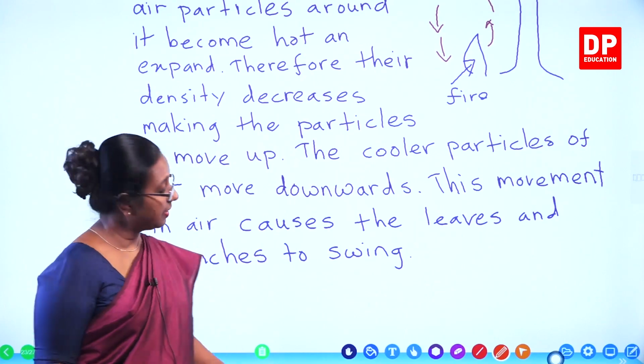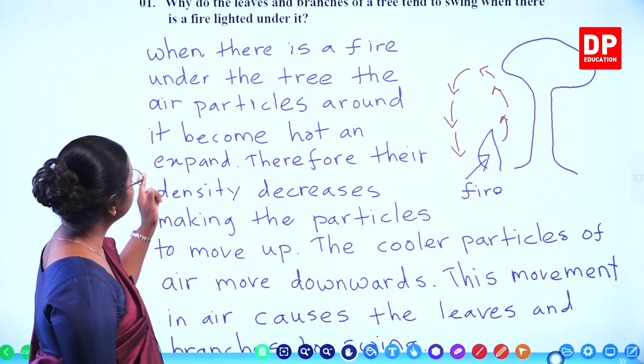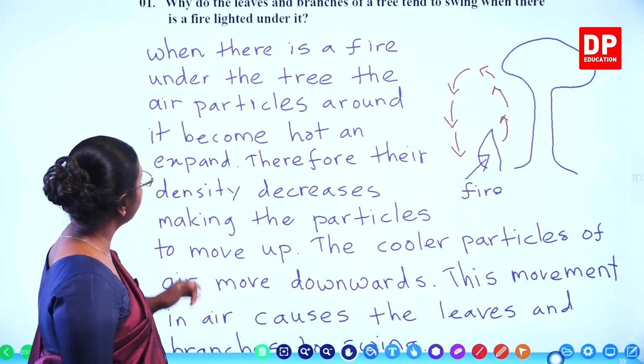So that is what happens. When there is a fire under the tree, the air particles around it become hot and expand.